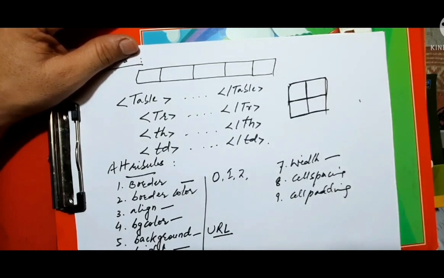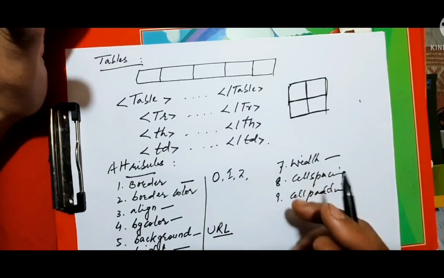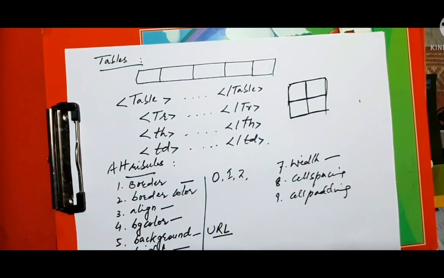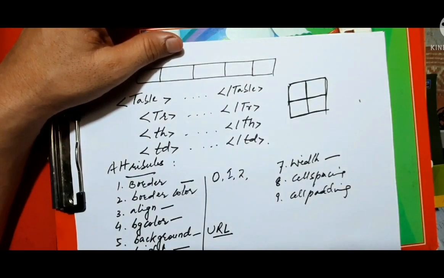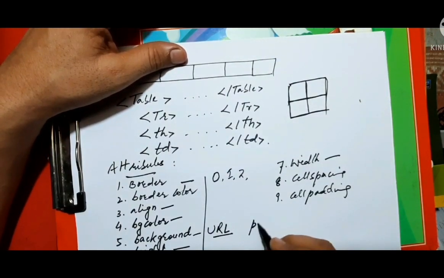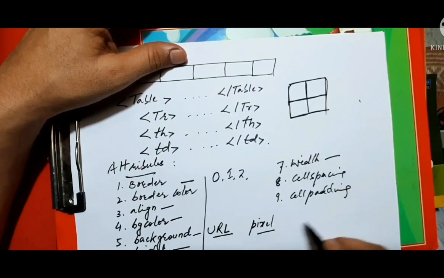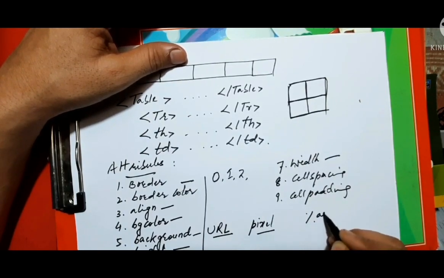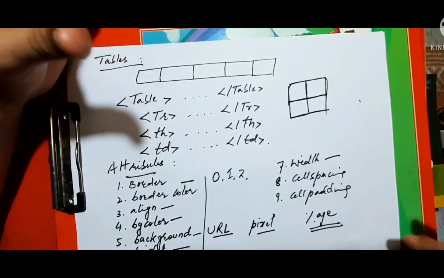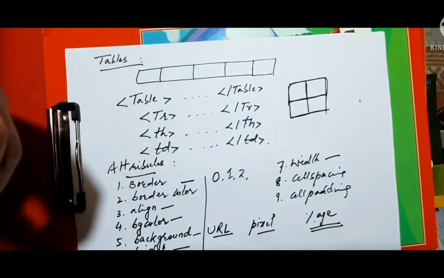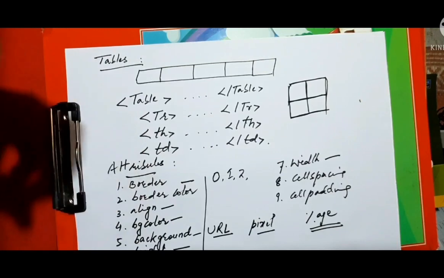Height and width, these are the two attributes in which you specify the height and width of the table. Okay, what will be the height of the table and what will be the width of the table. In two ways we can specify height and width. One is in pixels, and another is in percentage. Pixels specify the exact size of the table.